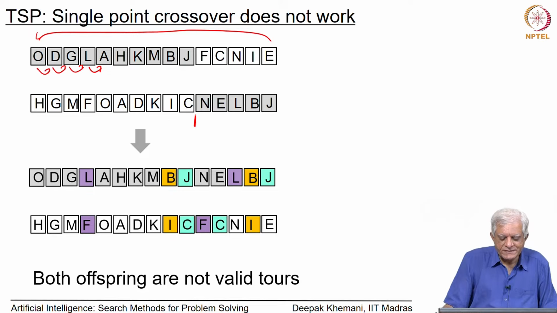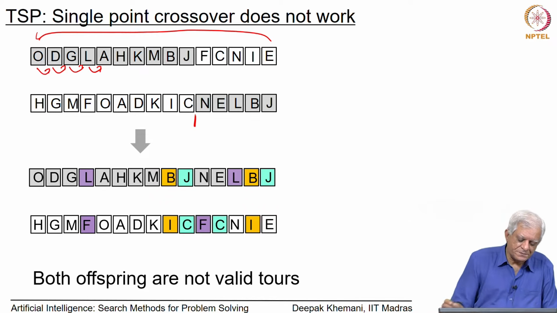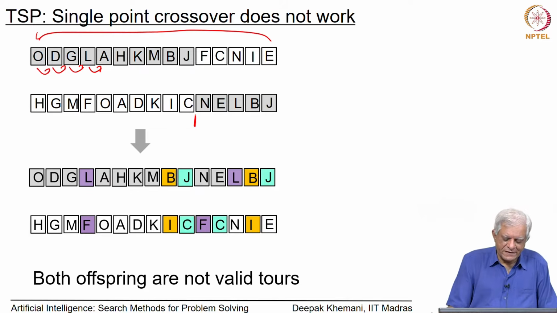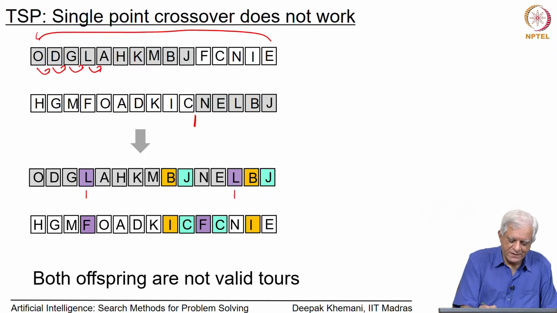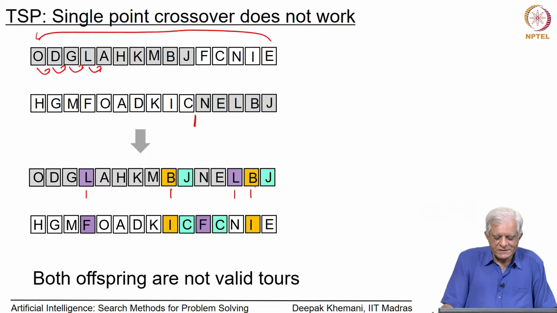So, we have already shaded the cities, so that one child is seen in gray and the other child is seen in white. But if you look at both of the children given below, in both the children there is repetition of cities happening. So, L is being repeated here, B is being repeated here. Now, obviously, this is not a valid tour essentially.